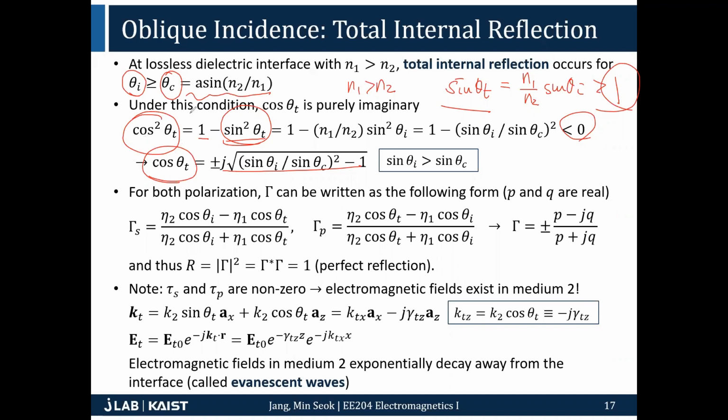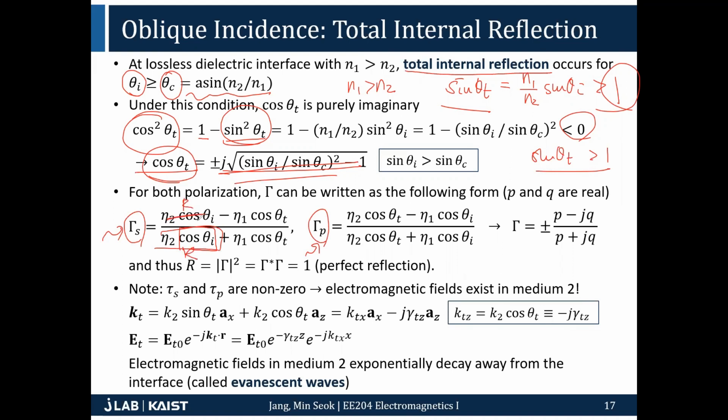So in this condition, when total internal reflection occurs, sine theta t becomes larger than 1. When sine theta t is larger than 1, cosine theta t becomes a pure imaginary number. Now look at these two relations, the reflection coefficients. Cosine theta i, this entire thing is a real number.